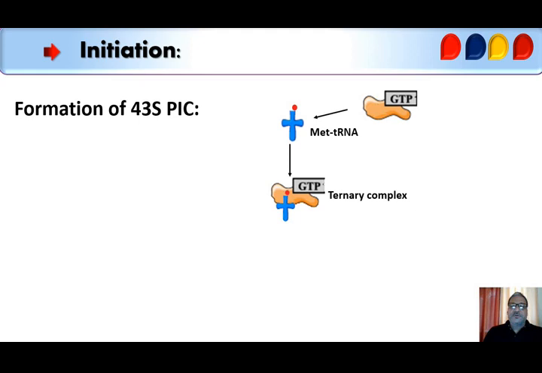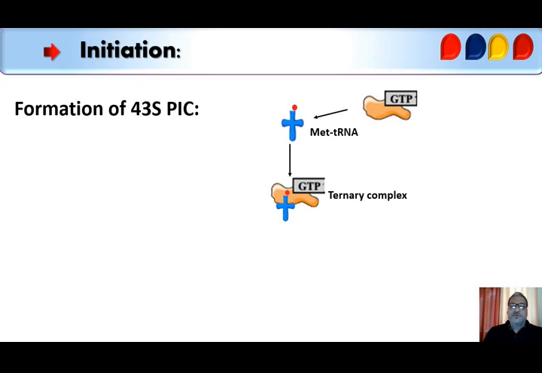Now here you can see, this is the initiation factor 2 which binds with the GTP molecule, then this complex binds with the transfer RNA carrying the methionine amino acid, because in eukaryotes the first amino acid that is attached is the methionine, unlike in prokaryotes where it was N-formyl methionine, whereas in eukaryotes it is only methionine amino acid. So that's why we call this as met-tRNA.